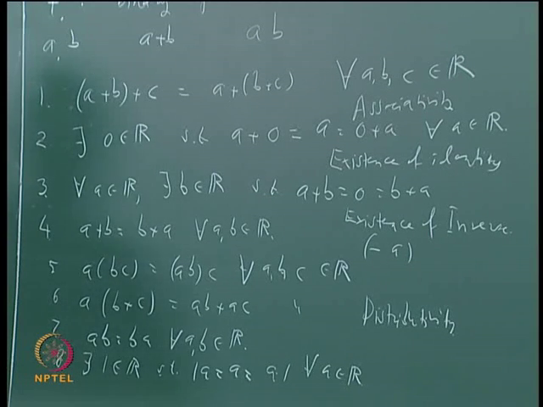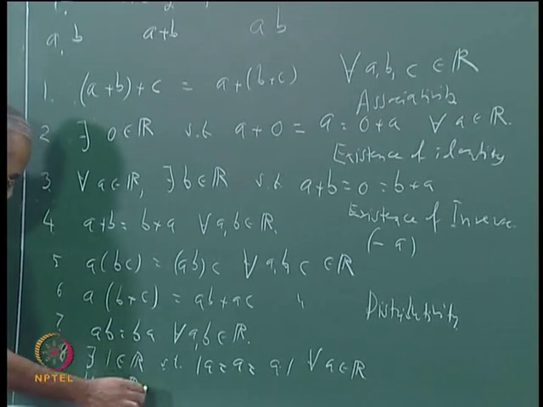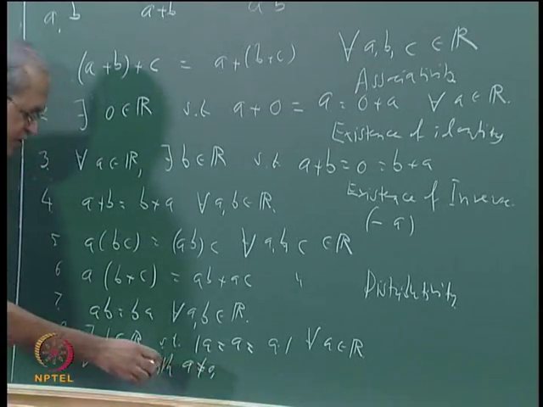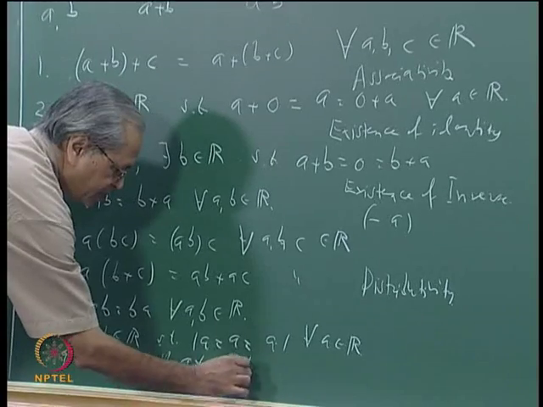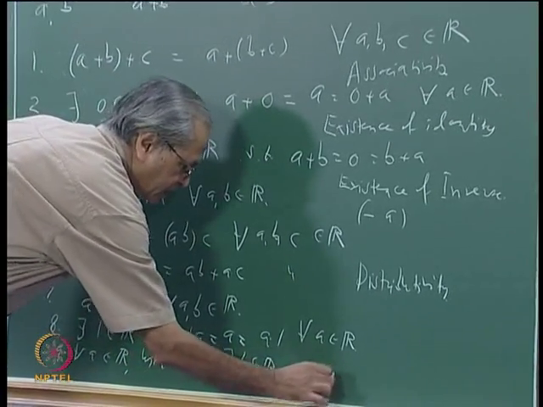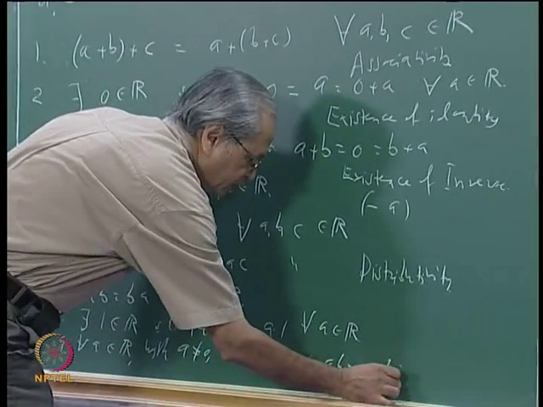So that is the last property in the field axioms. For every a in R with a not equal to 0, there exists b in R such that ab is equal to 1 and ba is also equal to 1.